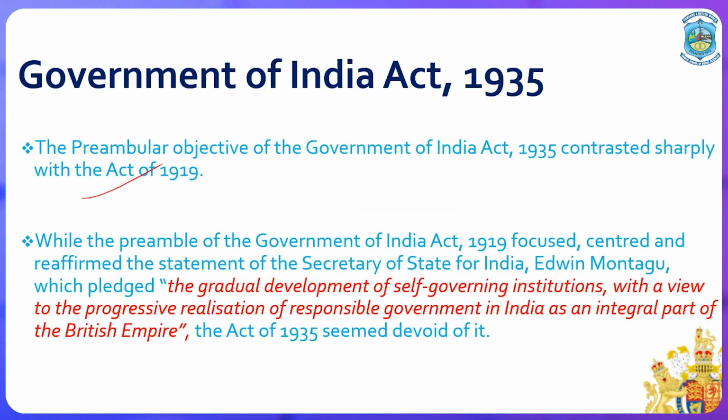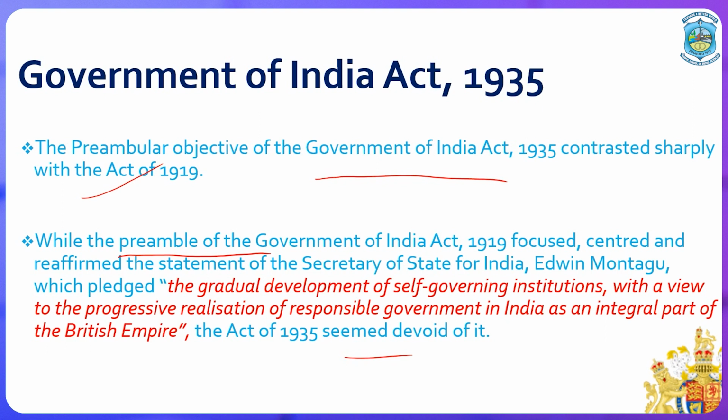This act is very unique because all the previous acts of British Parliament had a preamble, but this act contrasted sharply with them: there was no preamble in this act. The 1935 Act seemed devoid of it.